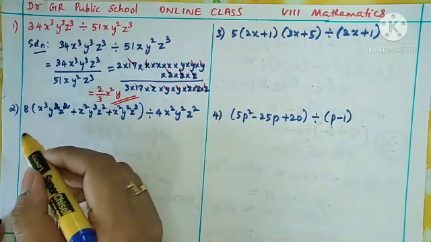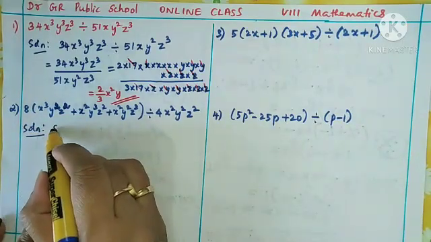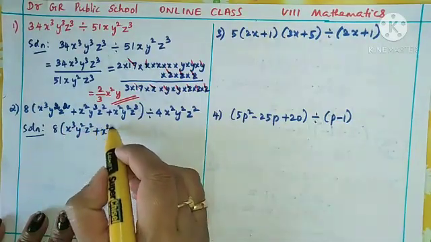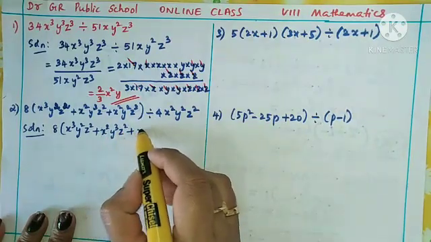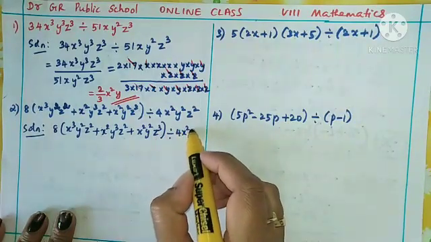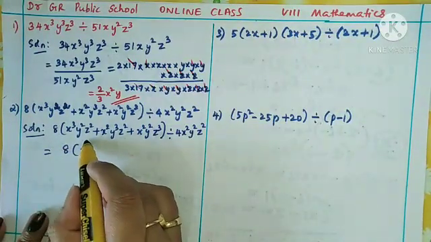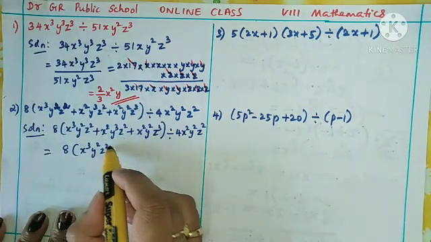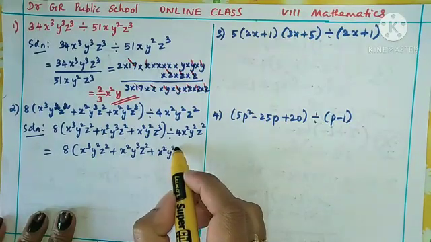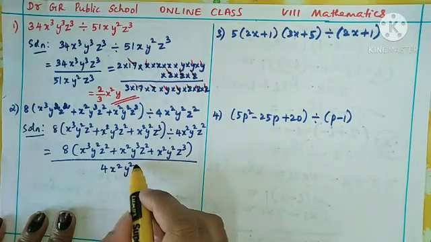So first we can write this question once more: 8 into bracket x cube y square z square plus x square y cube z square plus x square y square z cube, close the bracket, divided by 4x square y square z square. That is equal to, first you can write as numerator by denominator, 8 into bracket x cube y square z square plus x square y cube z square plus x square y square z cube, close the bracket, by 4x square y square z square.